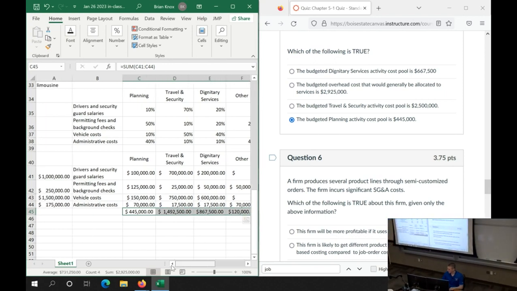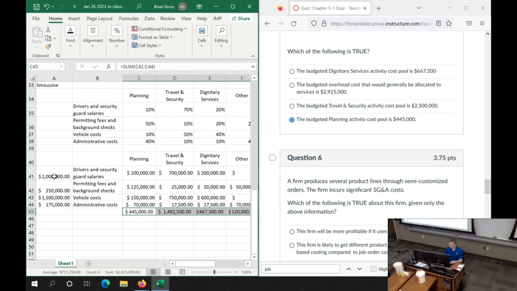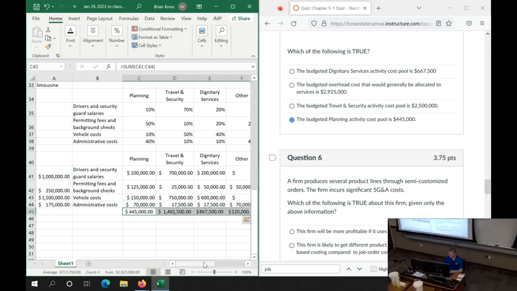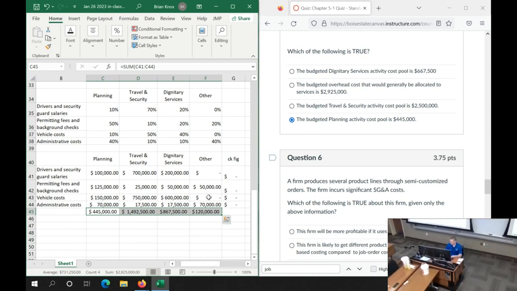So almost in a, if you like laws of physics, almost in a conservation of overhead cost, all the overhead costs we started with in general ledger categories have been maintained overall. They've just been sliced up differently into the different activities based on activity drivers.